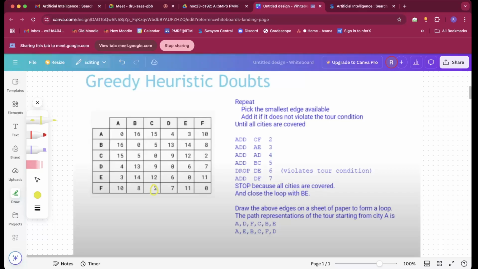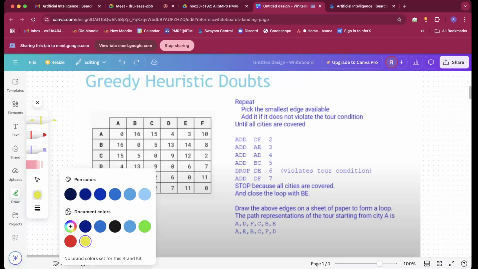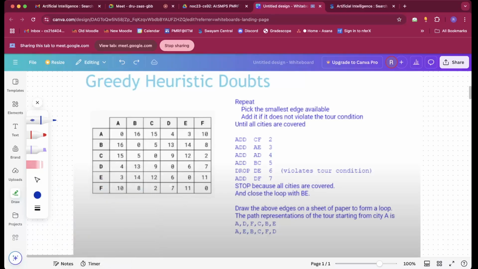Let me choose a different color so that it's more clearly visible. So 2 is the least cost among all of these, except of course the zero costs. This is an edge between C and F. This or this, it corresponds to the same edge.